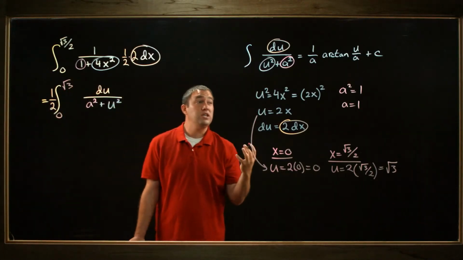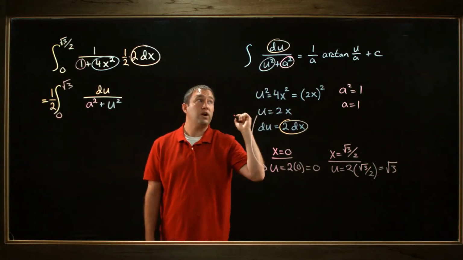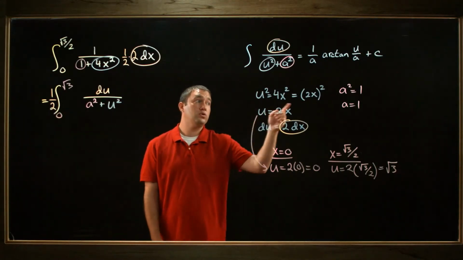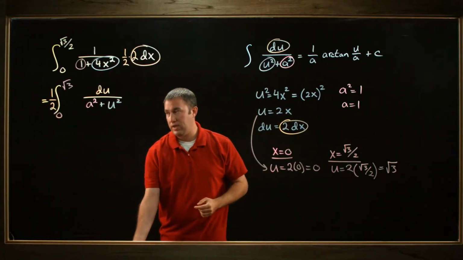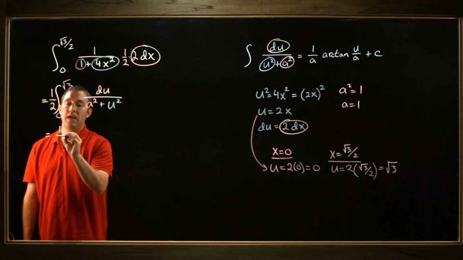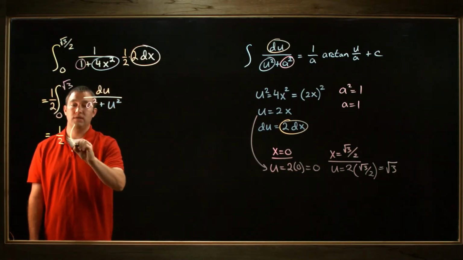Okay, now I've done a u substitution and I've rewritten this problem in the form that it is right here. The only thing that's different is that a is really equal to 1 right here. So let me go ahead and keep on going. This equals 1/2 times, well, I know what this integral is.